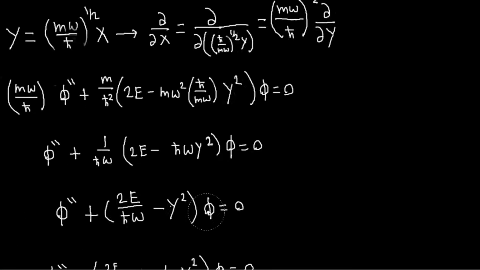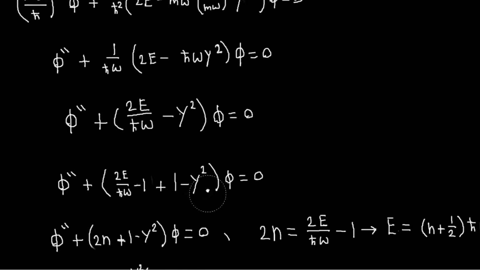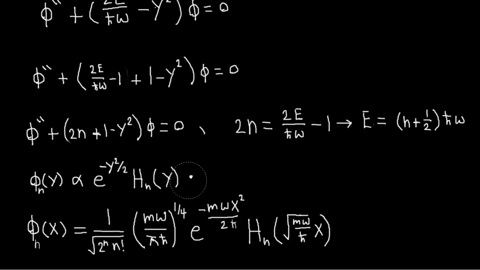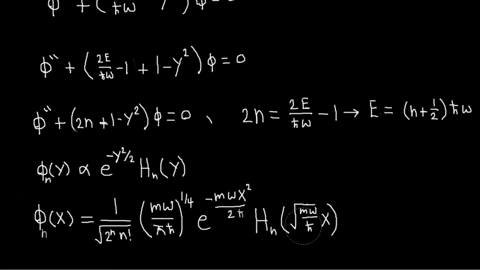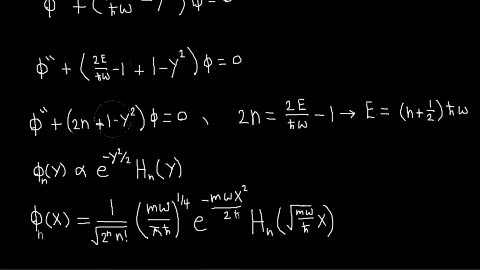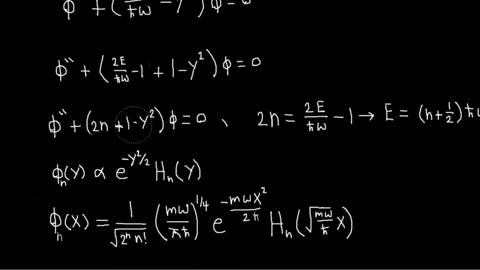And once we've done that, we can just write down the known solutions of the Hermite differential equation and go back to our old variable and get our solutions that way. And along the way, we've also found the eigenvalues from the condition that there are only solutions to this equation when n is some integer or 0.